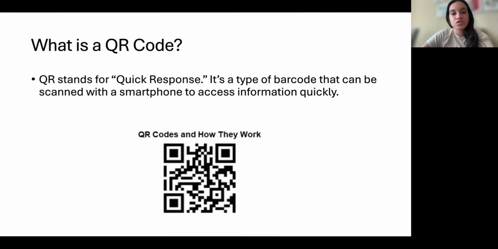A QR code will lead you to the exact place on the website. So it's faster than having to type it on the computer, then trying to find that on the website and so on. That is why QR codes exist.